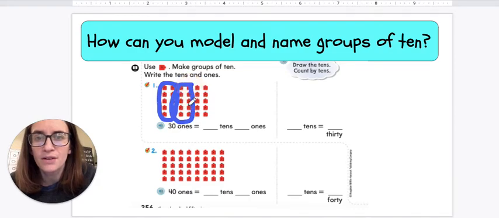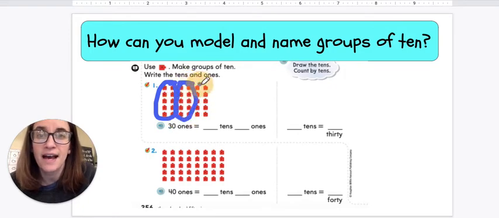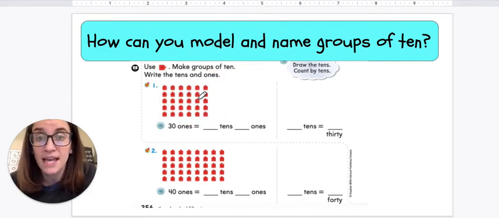Do you see the other 2 5s? So if I have 5, 10, here's one group of 10, 5, 10, another group of 10, 5, 10, another group of 10. That means I have 3 groups of 10s. I have 10, 20, 30.